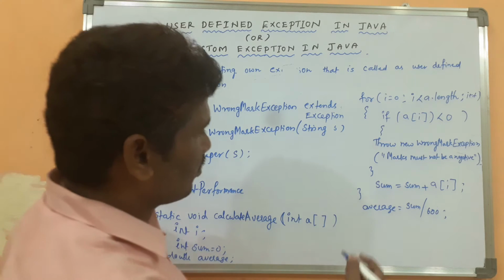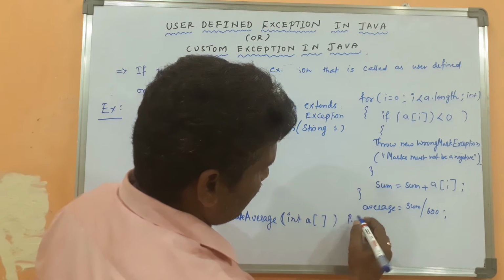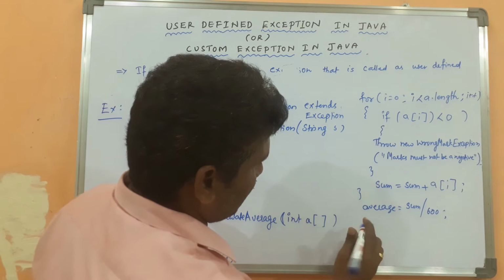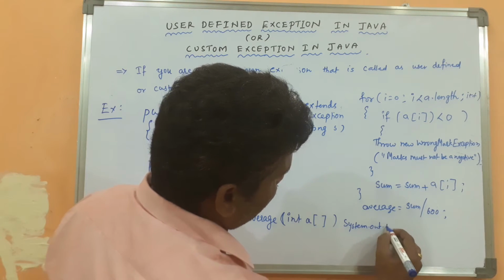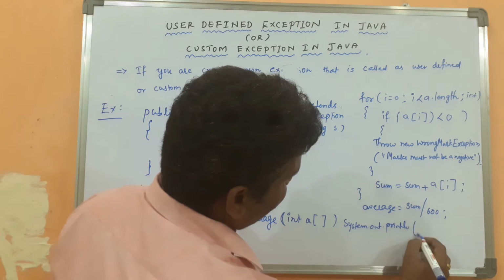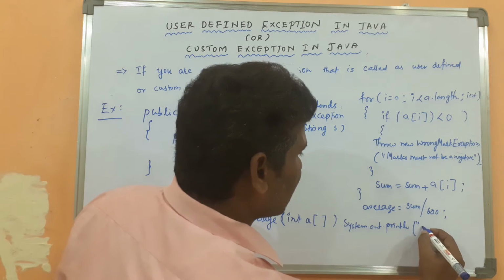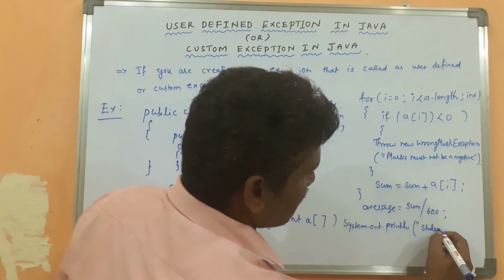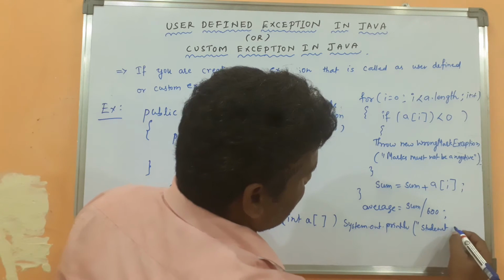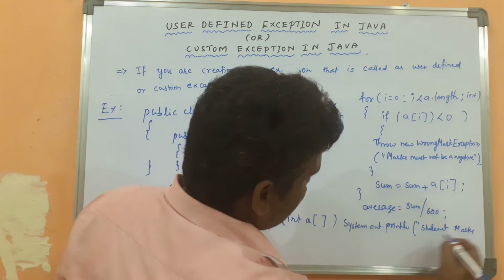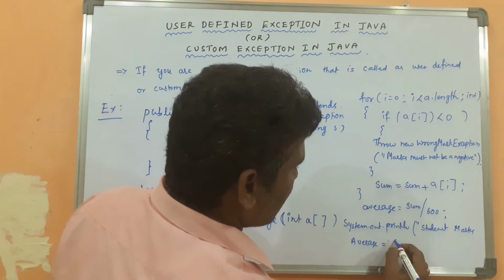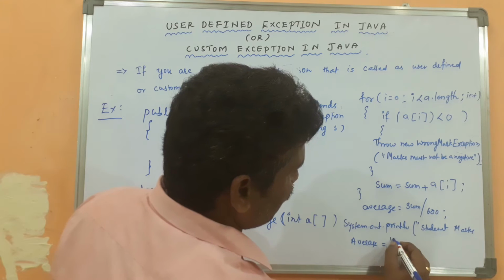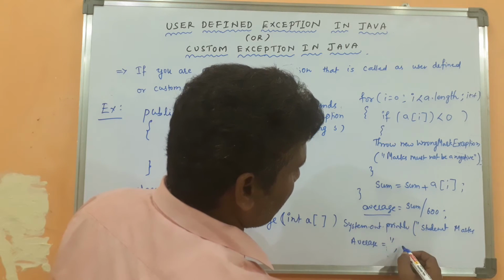Then if you want to display, System.out.println average student marks, average equal to, you should display the average.